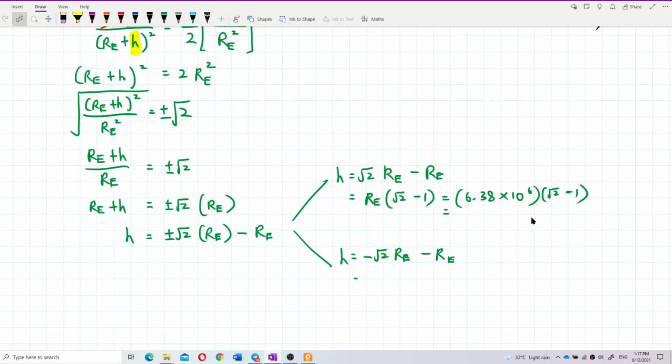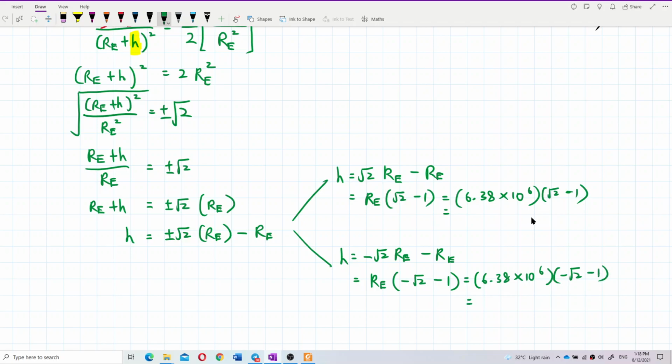Calculate. And then this one also we can factor out the radius of Earth. This one becomes negative root 2 minus 1, isn't it? Good. And so this will become 6.38 exponent 6 times negative root 2 minus 1.